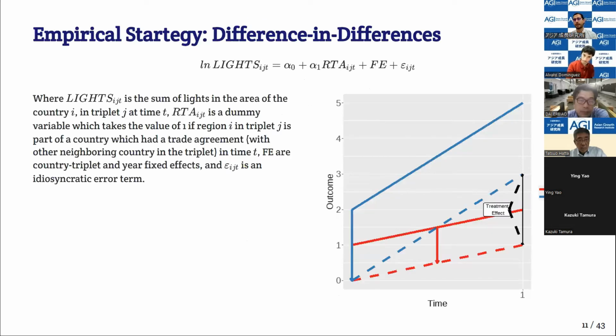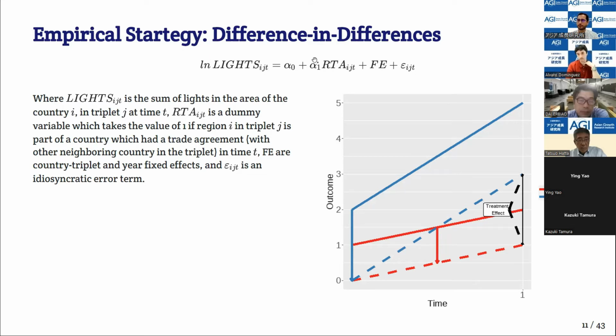Now we're going to use 2 different empirical strategies. First, difference in differences, and we're going to use the simplest model for difference in differences, which is basically a regression of the lights that are recorded for that area within that country, within that buffer.